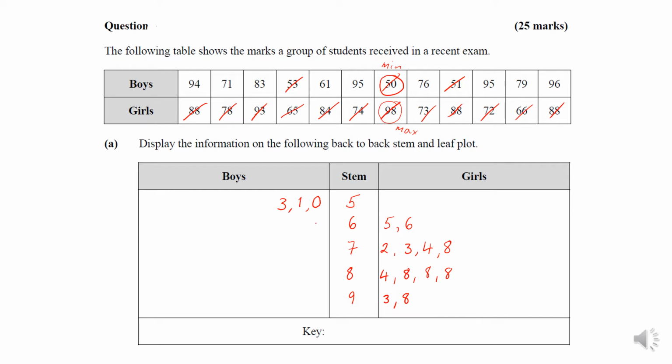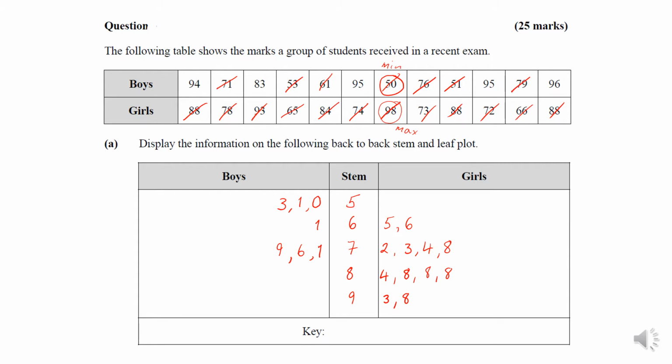Now into the 60s we have a 61, and that's it in the 60s. Into the 70s we have a 71, we've a 76, and we've a 79.